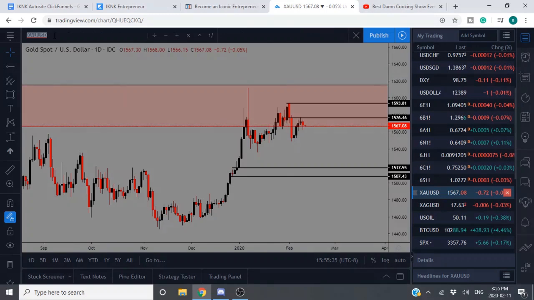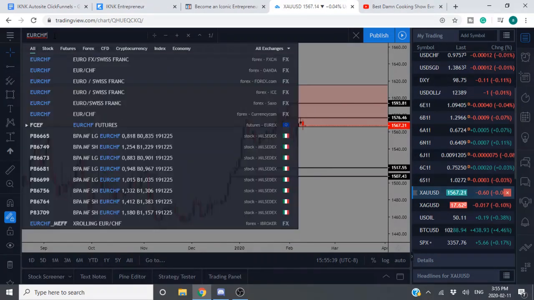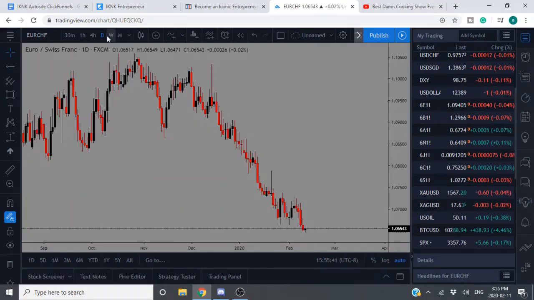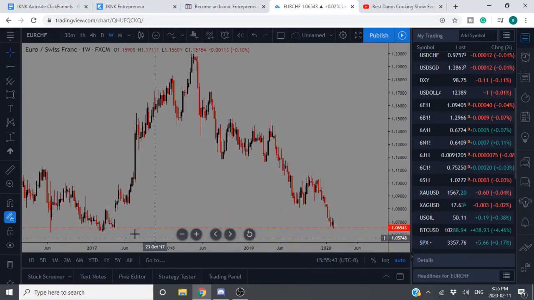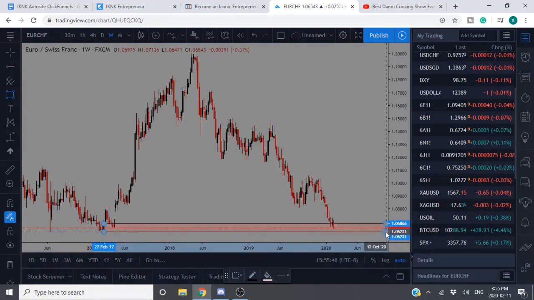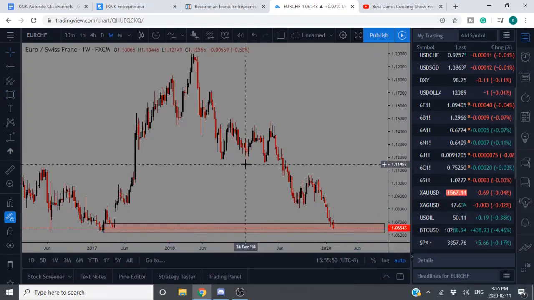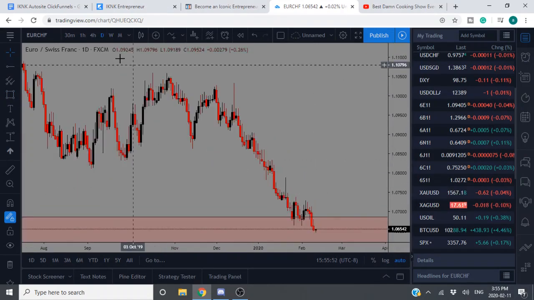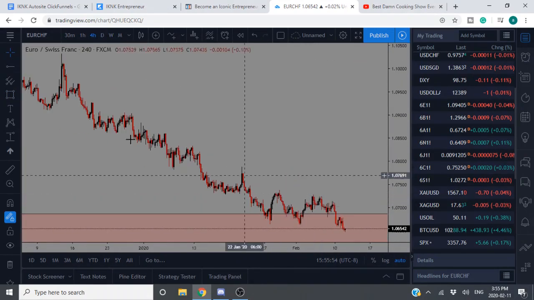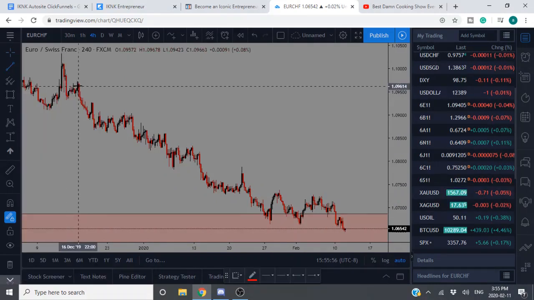Since we're already talking about that, Euro Swiss. There was people, because we talked about this, so you guys remember this one? We talked about how prices are coming back down into that demand zone down here. We talked about it in the last video, and I said 4-hour time frame. We kind of broke that downward channel.